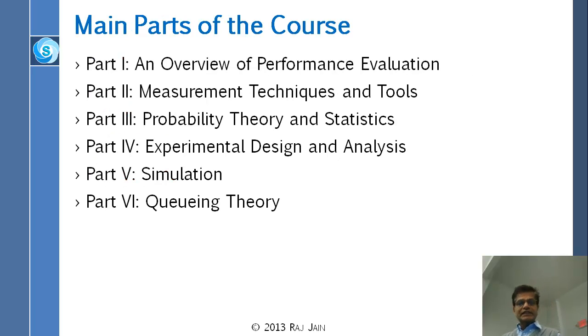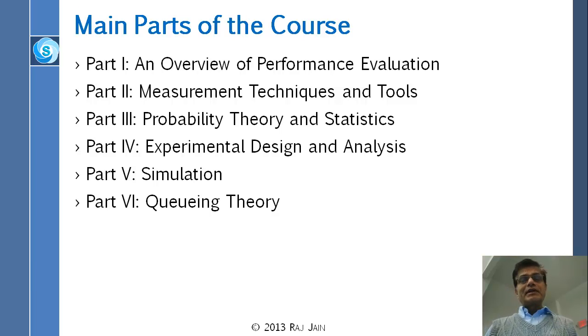All right, so there are 6 parts of this course. Part 1 is just the overview that we will do mostly today. The second part is measurement techniques and tools, that is, how you measure the performance.